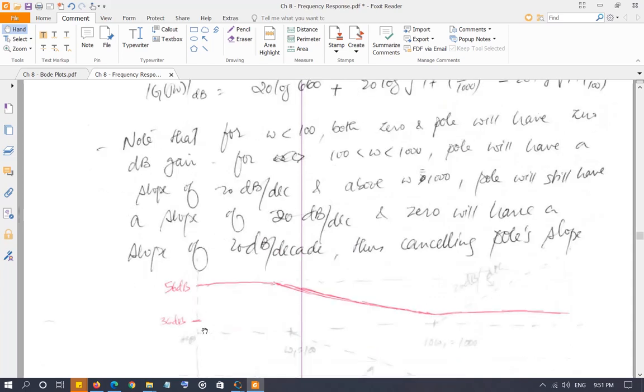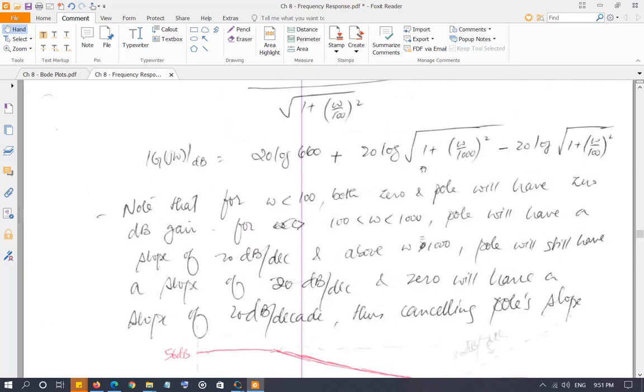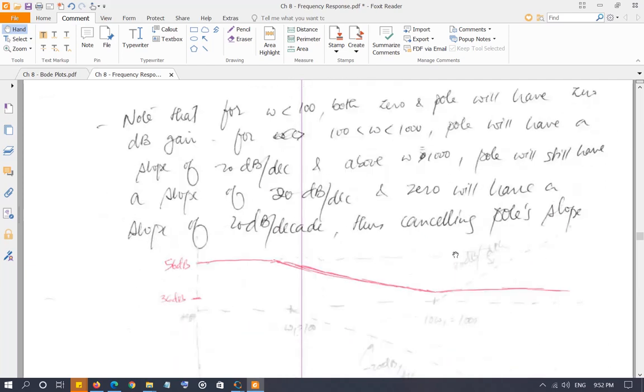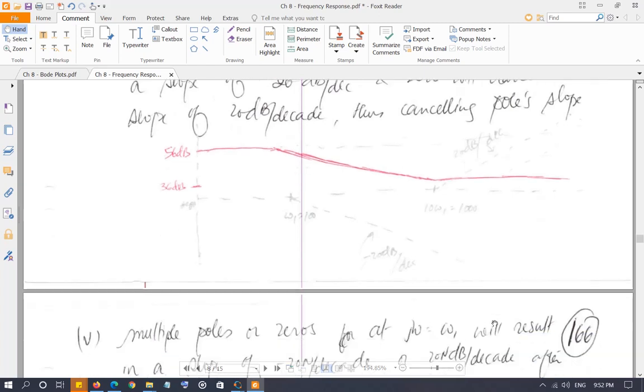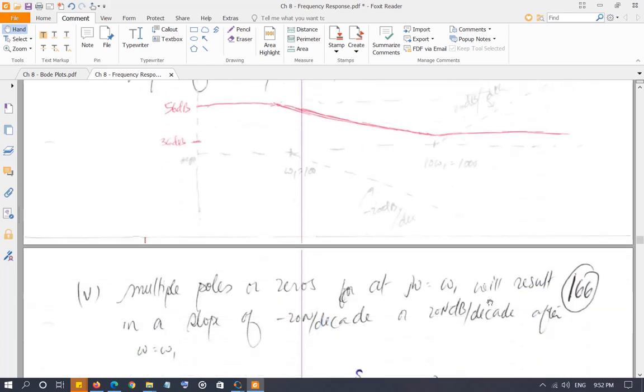It is going to be 0 up to omega equals 1000, and then after 1000 it's going to start going up by 20 decibel per decade. And this one is going to be 0 until omega is equal to 100, and then it's going to start going down by negative 20 decibel per decade. So this is the pole right here. You're going to add all these 3 gray lines, and the result will be something like what you see in the red line. Okay, so do it, don't just read it, do it.